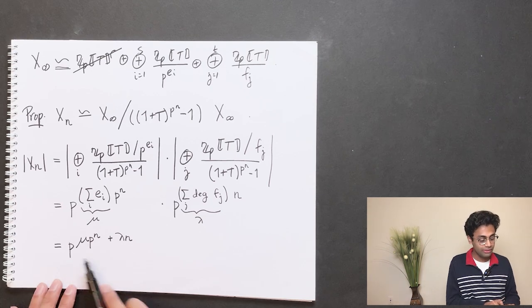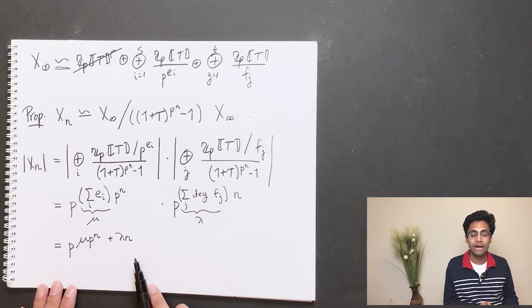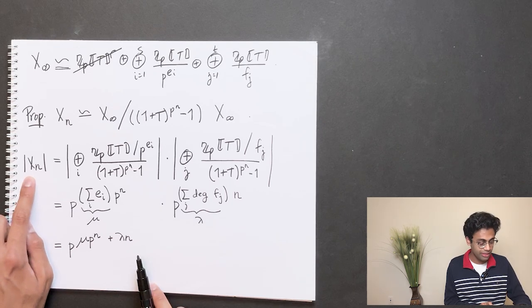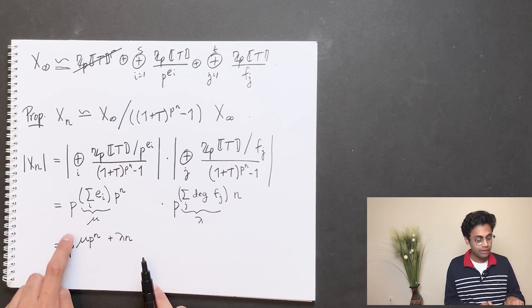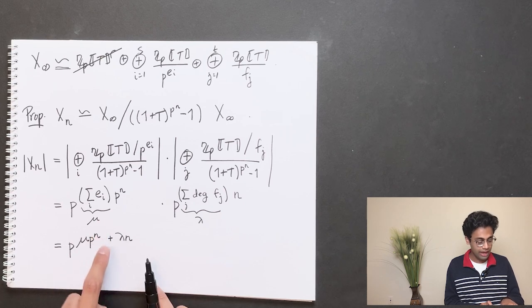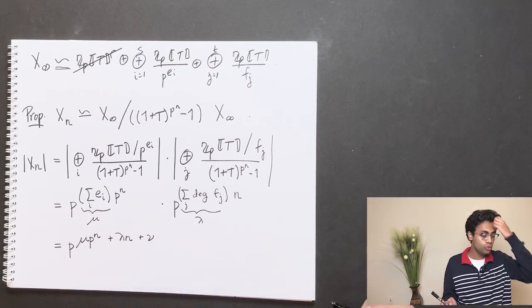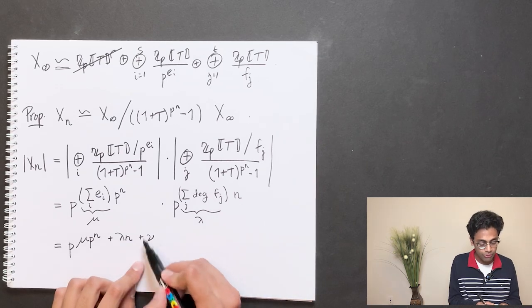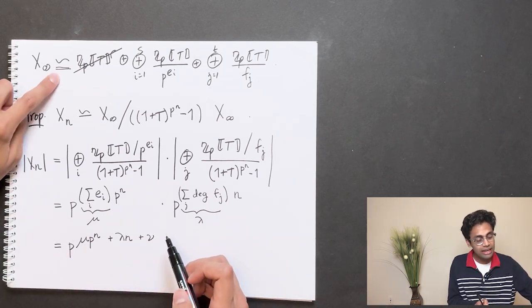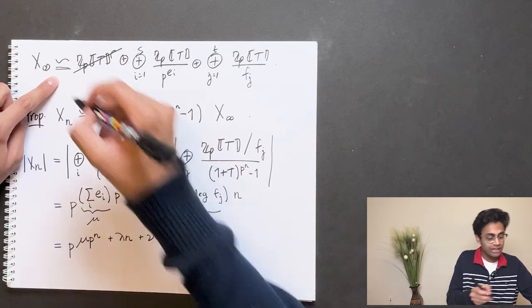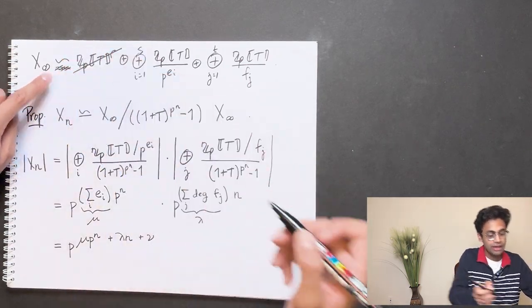And this is essentially Iwasawa's theorem, right? It says that the size of the class group at the nth layer is given by p to the mu p to the n plus lambda n, but there's an extra term plus nu. So where does this nu come from? Well, remember, we pretended that this was an isomorphism, but actually it's not. It's a pseudo-isomorphism.